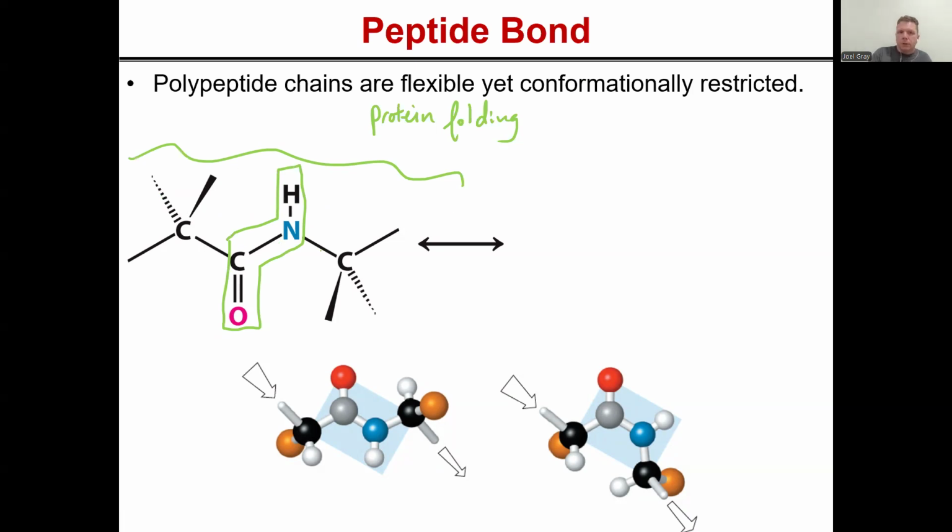Now, there are bonds that follow that peptide bond, and these bonds have different rotations. This one right here that I'm highlighting is known as the phi angle. And this other one, indicated right here, is your psi angle.